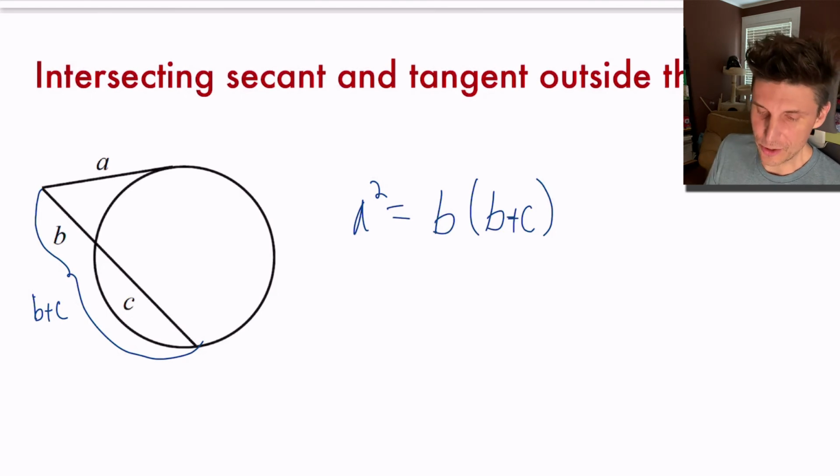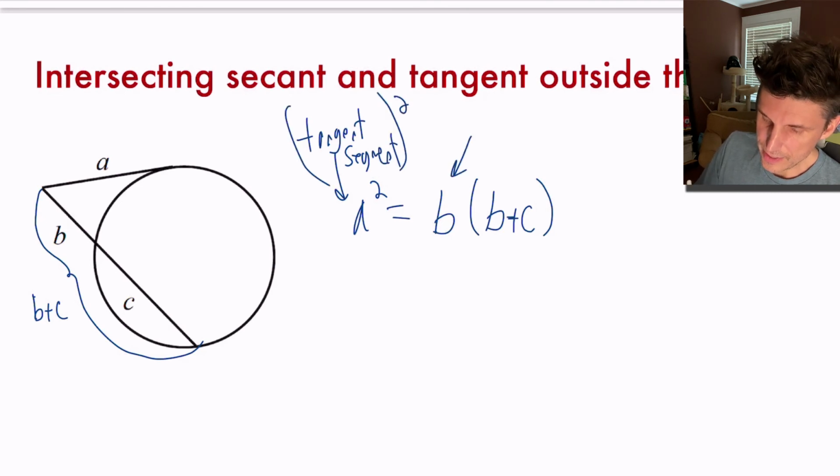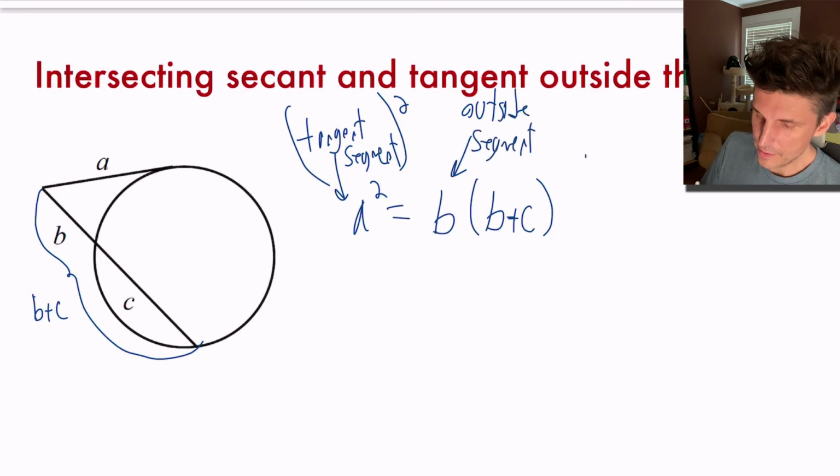And then the secant relationship is still the same, outside part times the whole. So tangent segment squared, and then this is outside segment, and this is the whole.